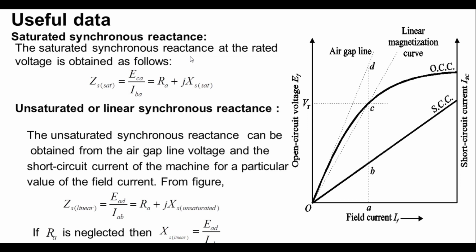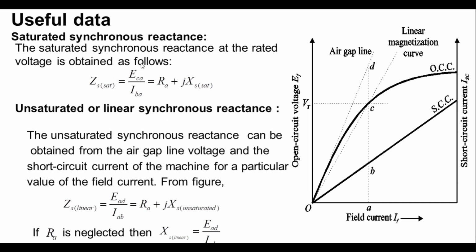Saturated synchronous reactance. Now you know that if we plot the open circuit characteristics and short circuit characteristics with respect to the field current, we'll get the curves as shown here in the figure, with the air gap line and the linear magnetization curve shown by the dotted lines.